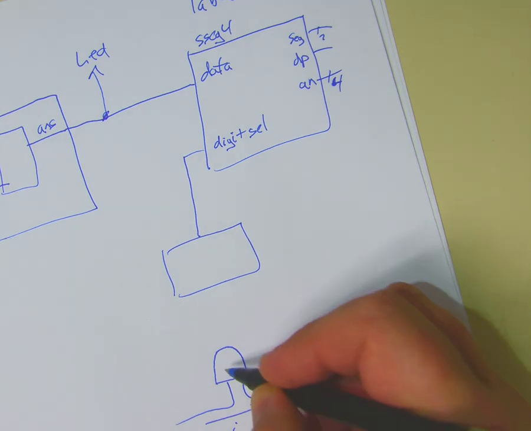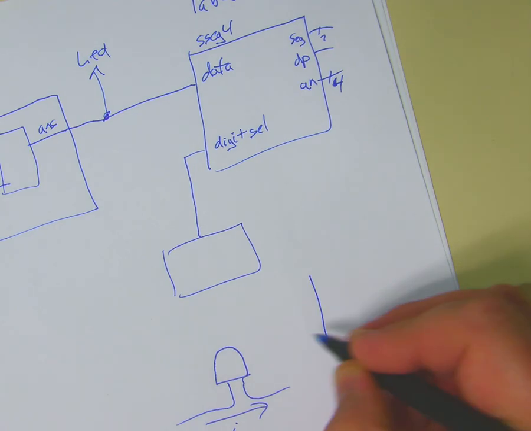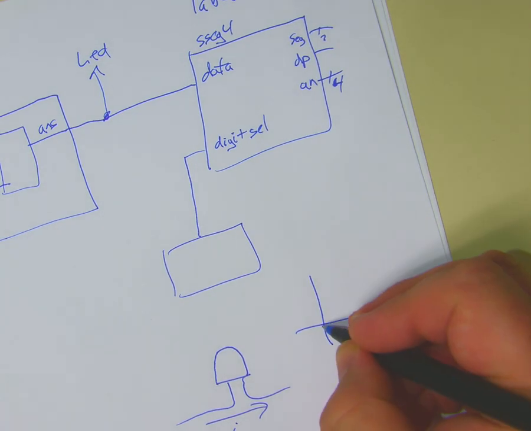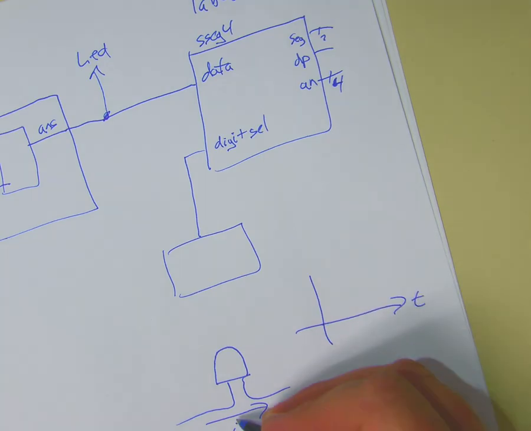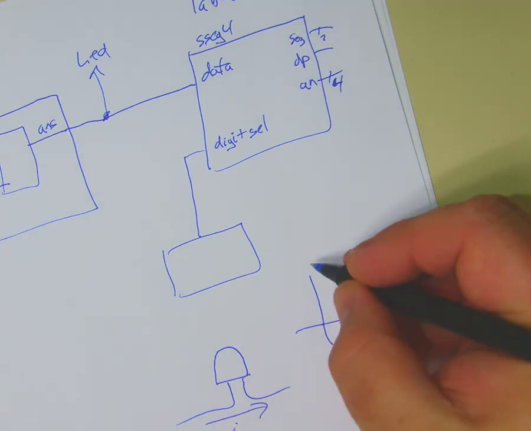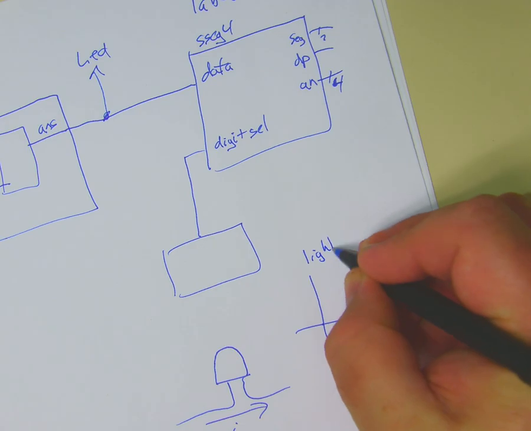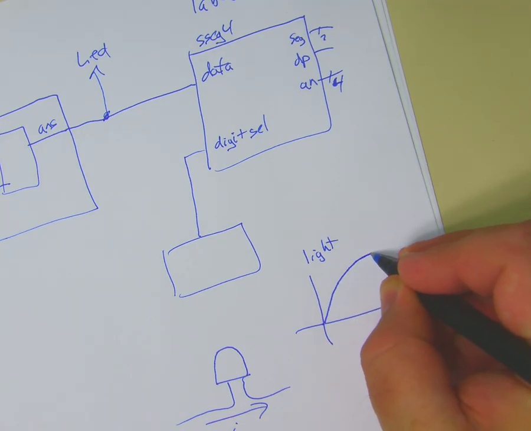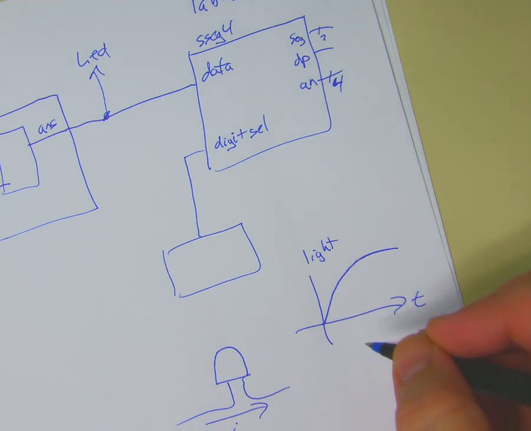The output in light from this is going to follow a curve. So this is time. And from the instant at 0, let's say I let the current start to flow, the light that comes out is going to kind of ramp up till it eventually reaches a maximum.